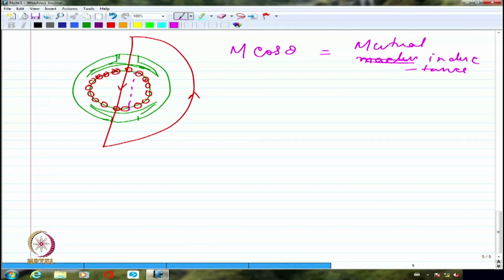But if I ensure that the actual displacement between the stator and rotor windings, which is theta, is always aligned somehow, or always at some 90 degrees, I can do this by modifying the structure in some way or the other.